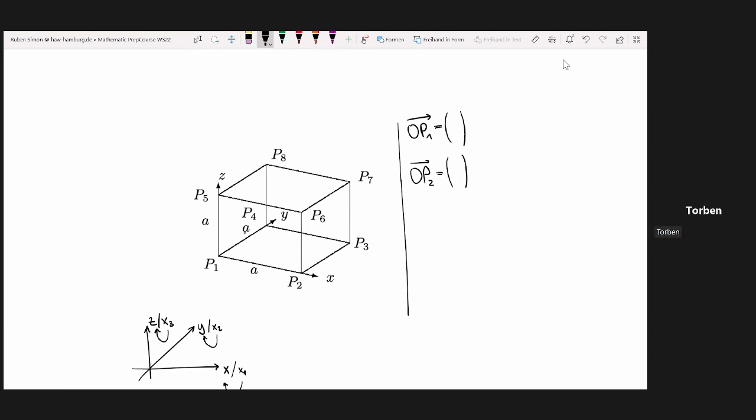That's 0. Yeah. So this is 0, 0, 0, because as you can see, the coordinate system is exactly built up from this point as its origin. So this is the origin of the coordinate system, and that's why it has the coordinates 0, 0, 0.